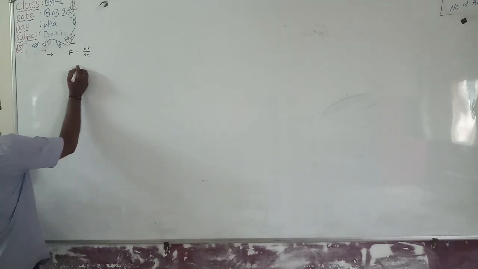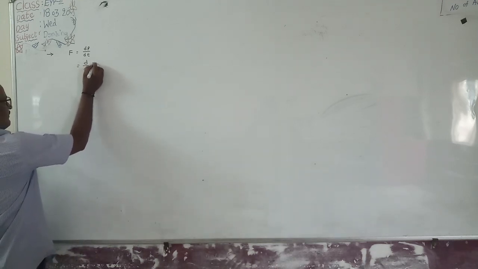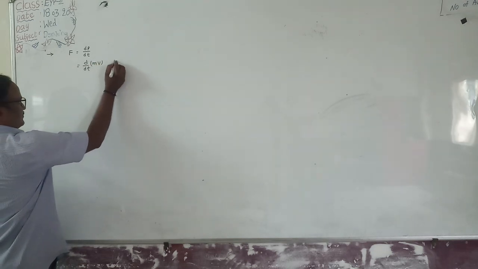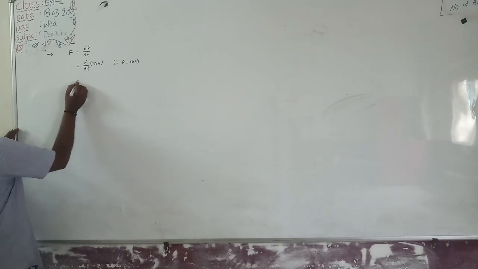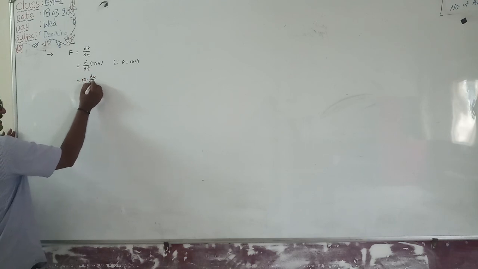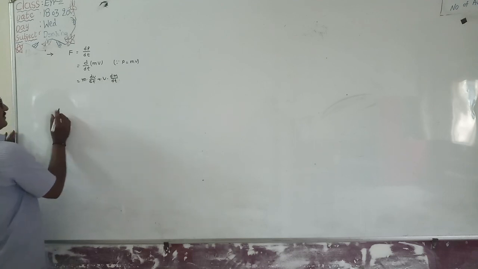Right? Again, this is equal to d by dt of p, where p is equal to m into v, since linear momentum p equals m into v. Suppose if m and v both are variable, this can be written as m into dv by dt plus v into dm by dt, right?